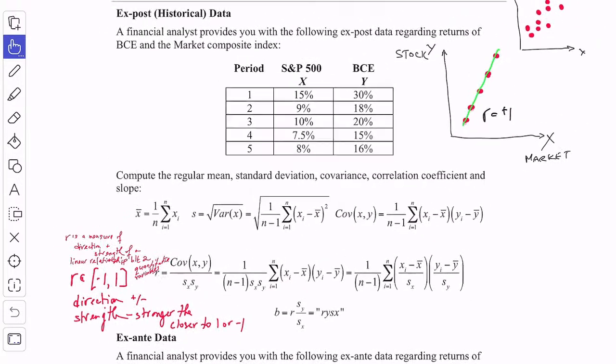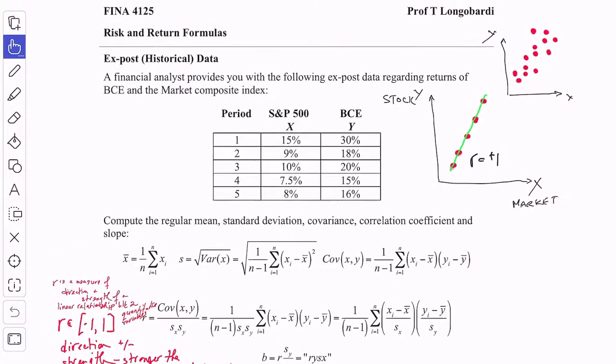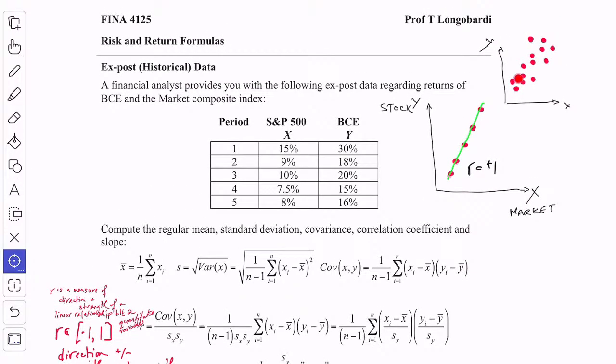So looking at this other more general data set here, what would you say the R is for this data? So it's going to be a positive because of the trend. What value would you give it if you had the data and you punched it in? What would you expect?